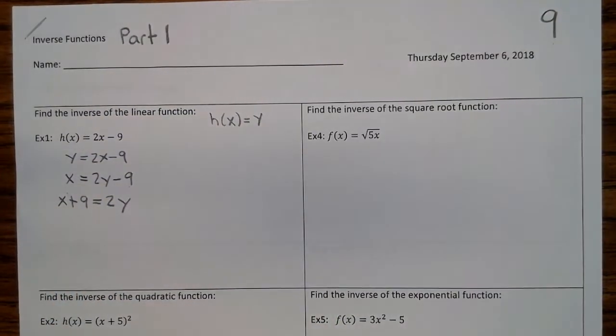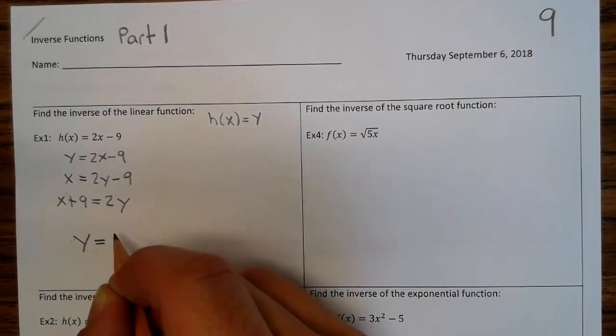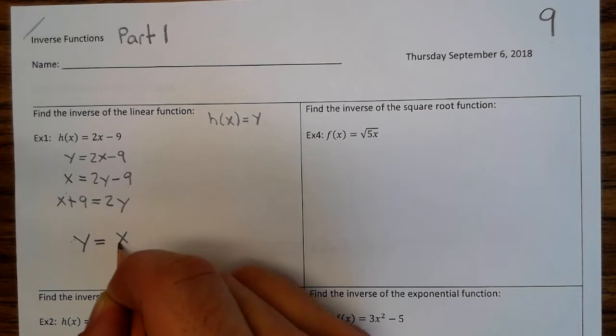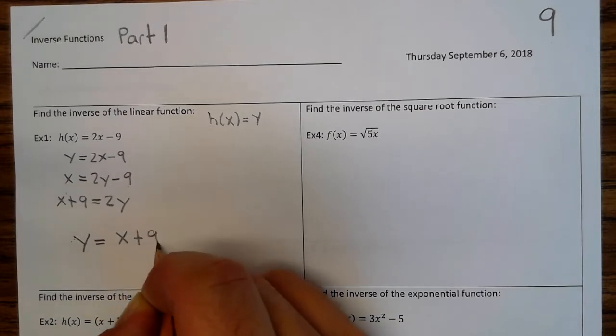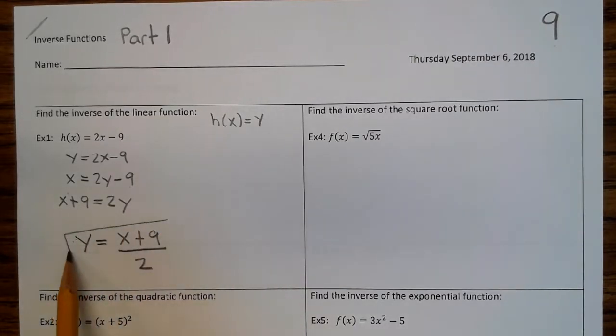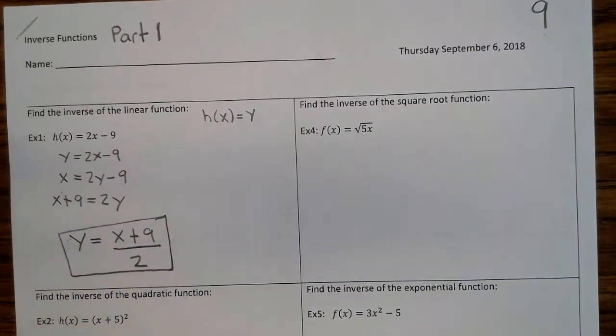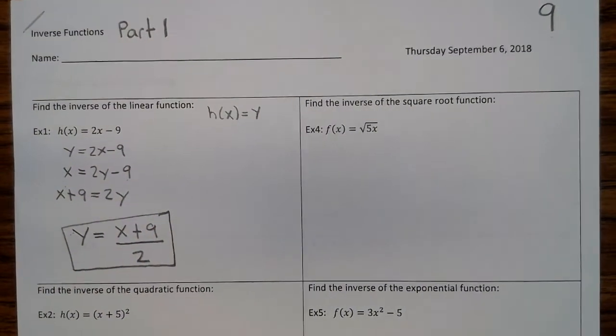And then the last step, we're going to divide both sides by 2. So y equals x plus 9 divided by 2. All right.